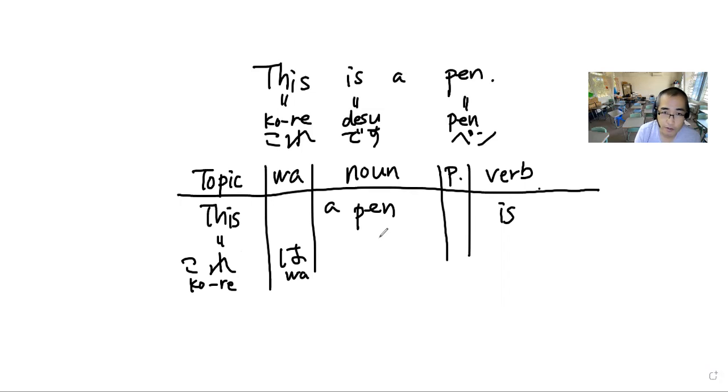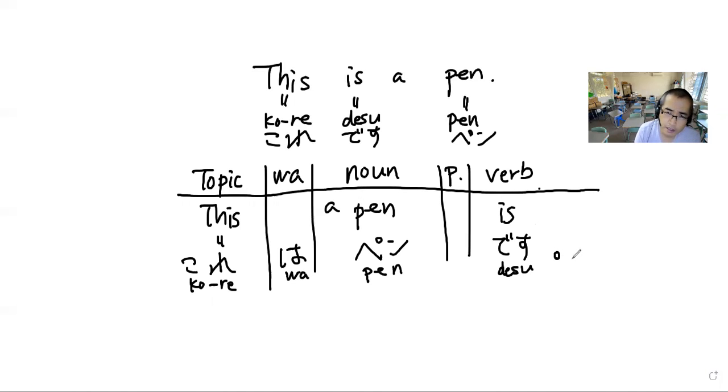Then the noun, in this case, pen. As I said, the Japanese language doesn't care about "a." We just say pen. Then followed by "is," which is です. Then end with a Japanese full stop.